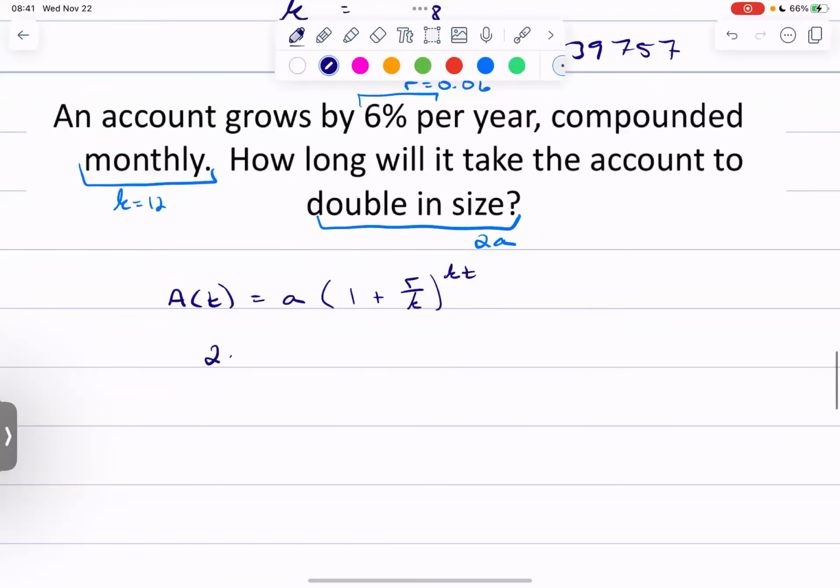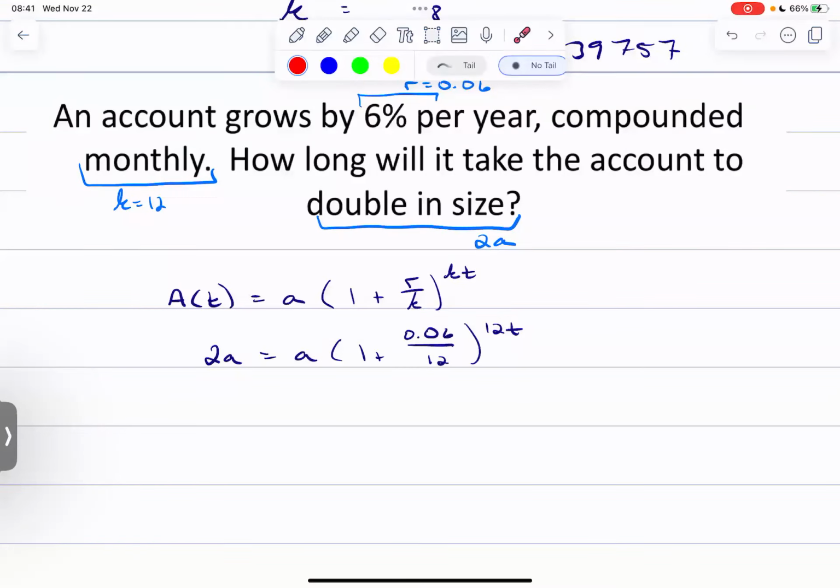So now I've got 2A is A times 1 plus 0.06 divided by 12, to the 12 times t. You can do the same thing that we did before, right?